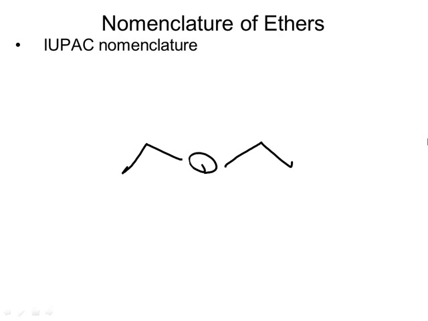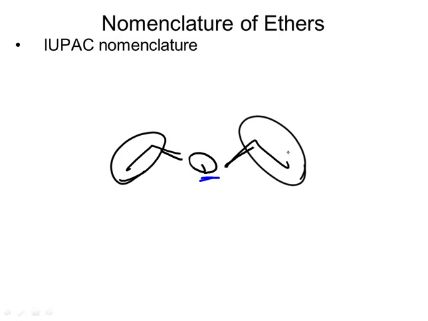This longest chain is not going to involve the oxygen atom at all, but it does have to involve a carbon that is directly attached to the oxygen. So either this one or this one has to be part of the chain. Either way we go, they're the same length. We can make a 2-carbon chain here or a 2-carbon chain there.